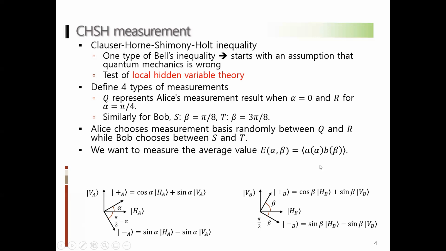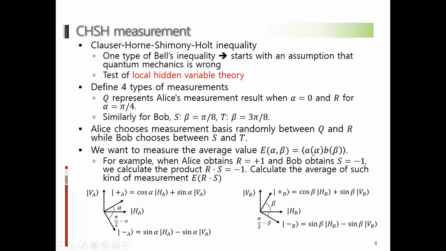Similarly, Bob can randomly choose between the S and T basis, and for each choice he will measure either plus one or minus one. Each measurement result is represented by small a and small b, and we can multiply those two values together, and then we want to calculate the expectation value.